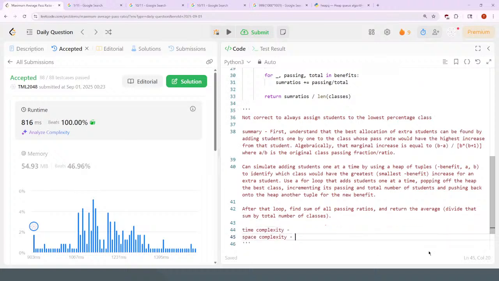Alright, this time complexity, this should be O of n log n, I'm going to say, where n is the number of classes.